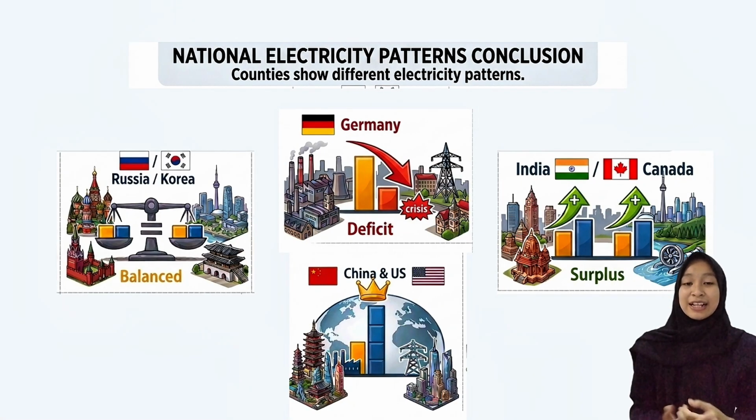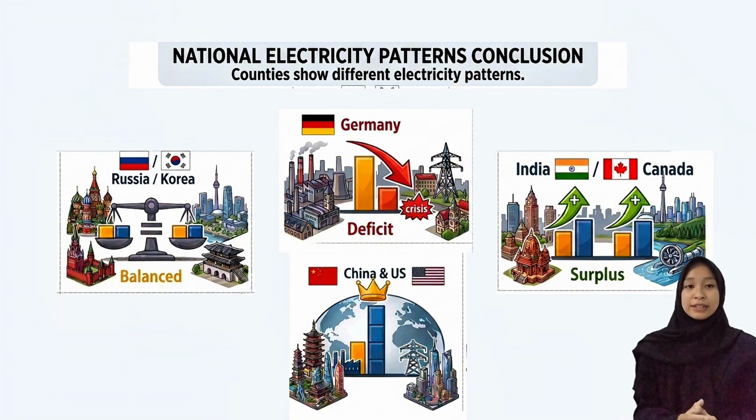In conclusion, the infographic shows different patterns of electricity production and consumption among the countries observed. First, Germany experienced an electricity deficit because electricity consumption exceeds electricity production. Meanwhile, Russia and Korea demonstrate relatively balanced electricity figures because the differences between production and consumption remain relatively small.